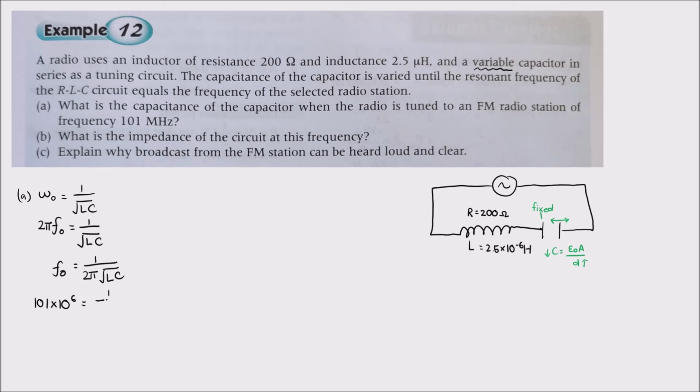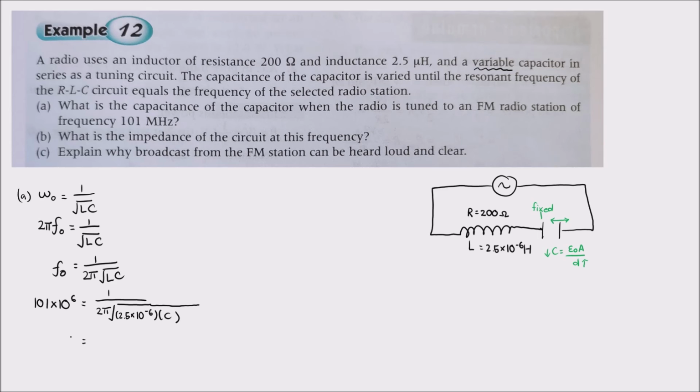We also know that the inductance for this circuit is fixed, and the inductance should be 2.5 microhenry. So what should be the capacitance of the variable capacitor now?